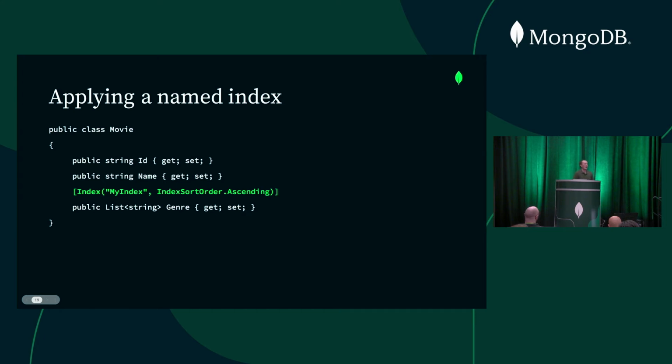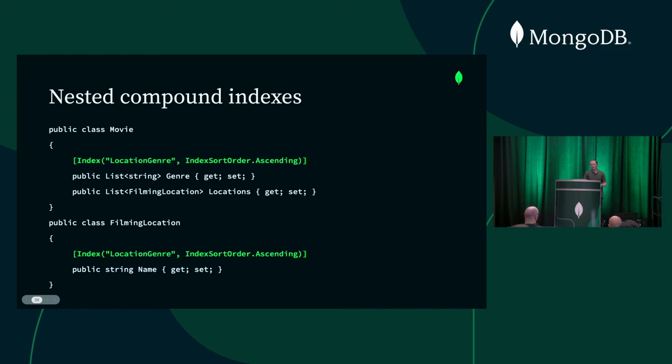This is how you go about having a compound index across multiple fields. But it gets even more interesting because you can go to a nested compound index where you have a nested type and the root type share an index between each other. And MongoFramework will work out this structure, find the names that match, and correctly create the index in MongoDB.